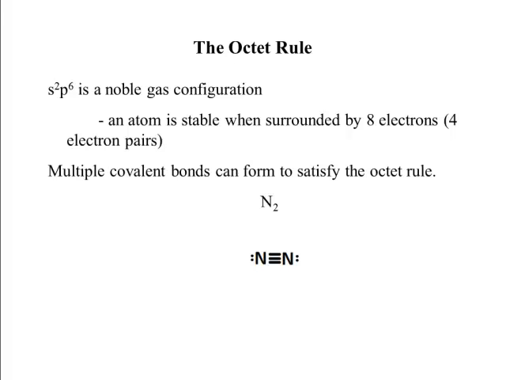Each one of those lines represents 2 electrons. They're shared between both nitrogens, so they count for both nitrogens. So we've got 6 electrons in the triple bond, and then each nitrogen has its own lone pair. So that's 8 total. Okay, so there's different ways we can get to this octet rule when we draw out Lewis structures. But when we go to draw these Lewis structures, remember, we're always trying to shoot for that octet rule, and we do that either with lone pairs or bonds.